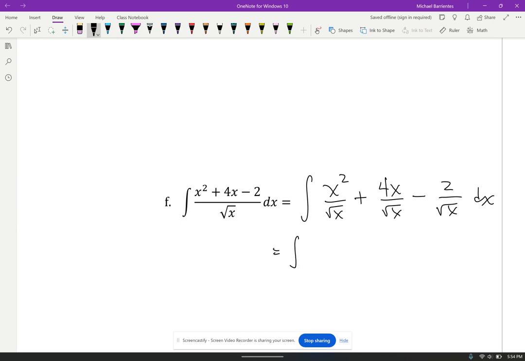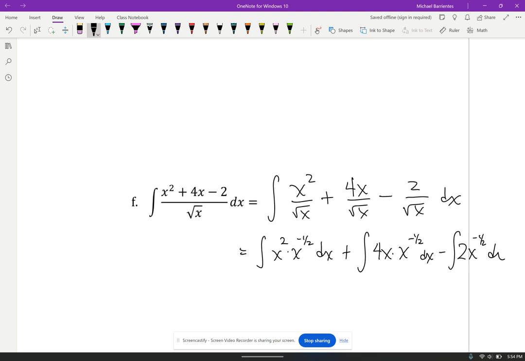Well, that means this will go to the numerator and it'll be x squared times x to the 1/2 dx plus the next one would be 4x times x to the negative 1/2. My bad, these should be negative 1/2 powers dx, minus, and then the last one's going to be 2 times x to the negative 1/2 dx.